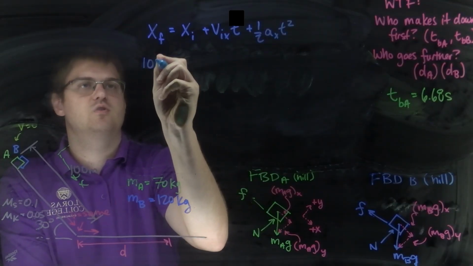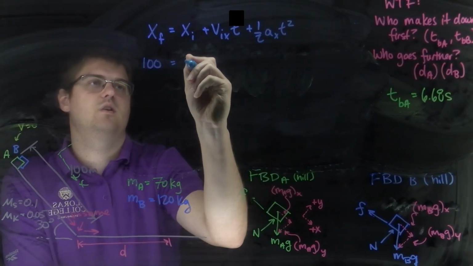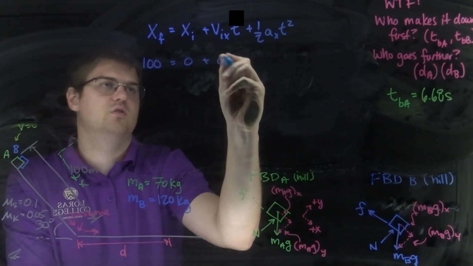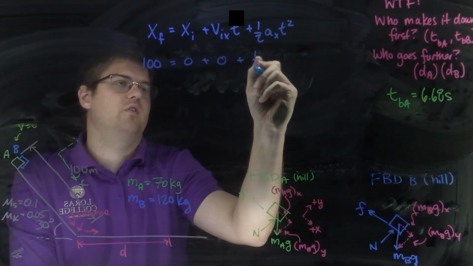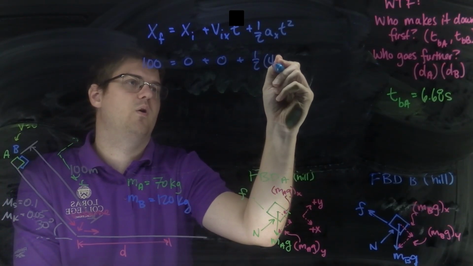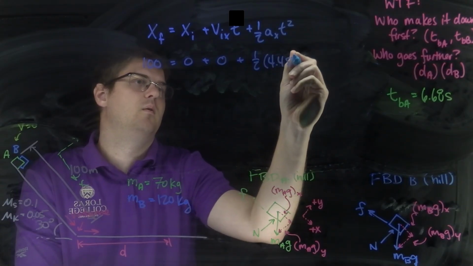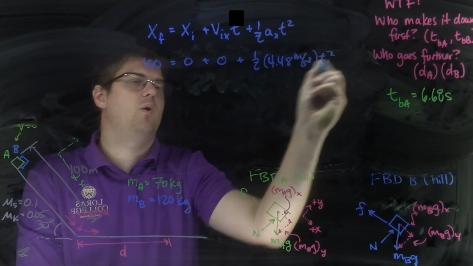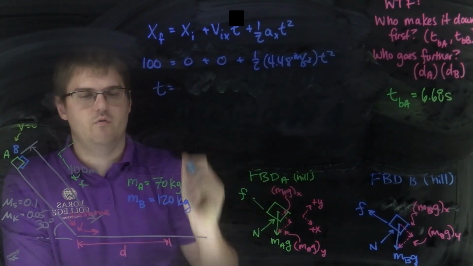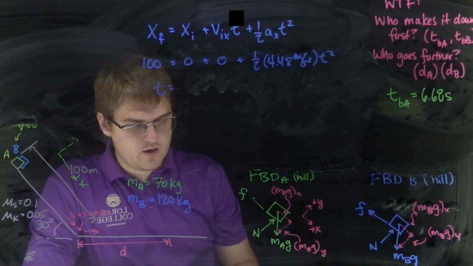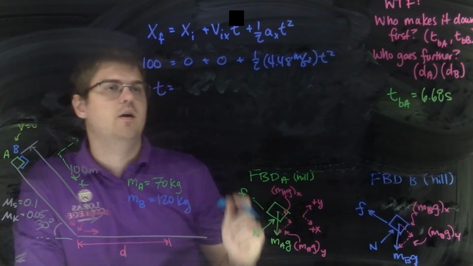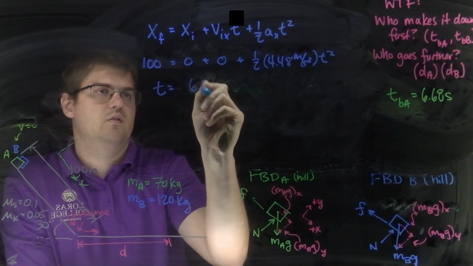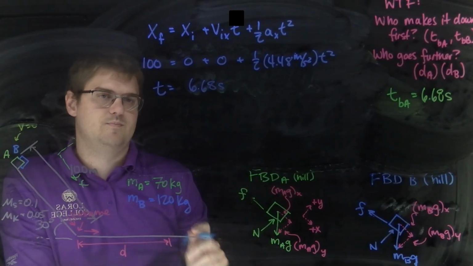X final is 100 meters. X initial is 0. Velocity initial is 0. Acceleration is 4.48 meters per second squared. Time squared, if we solve this whole thing for time, not going to write that out exactly again, I get 6.68 seconds.